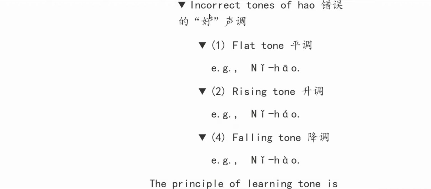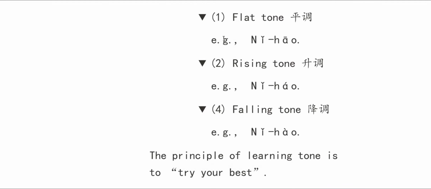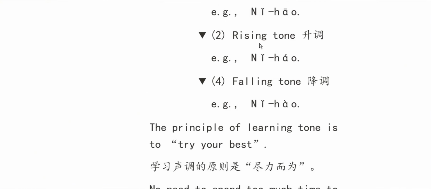So incorrect tones of hao will be, for example, the first flat tone, it will be 你好. Rising tone, 你好.